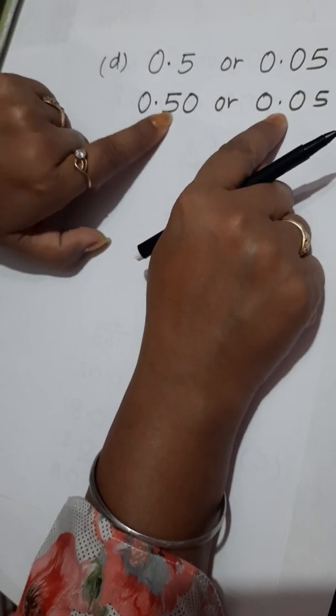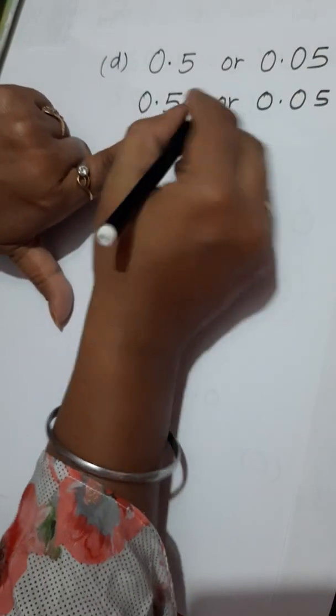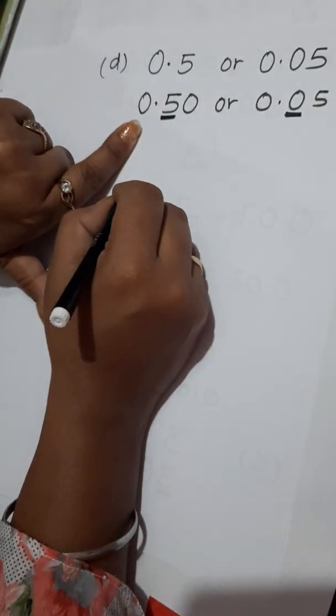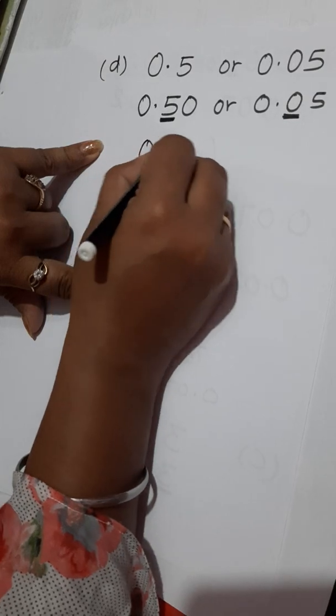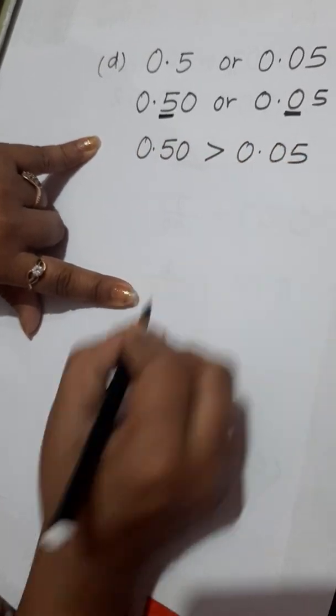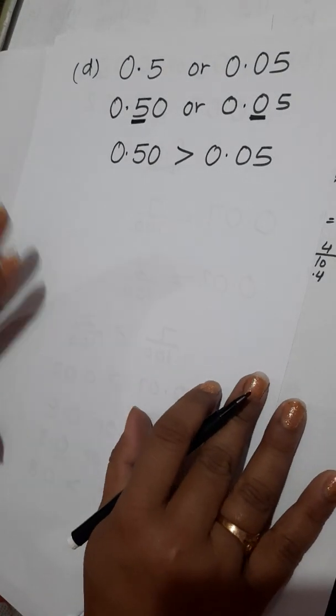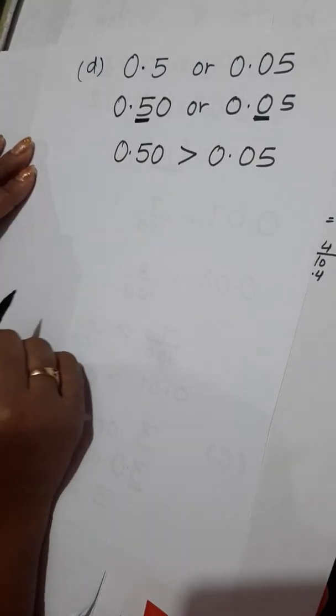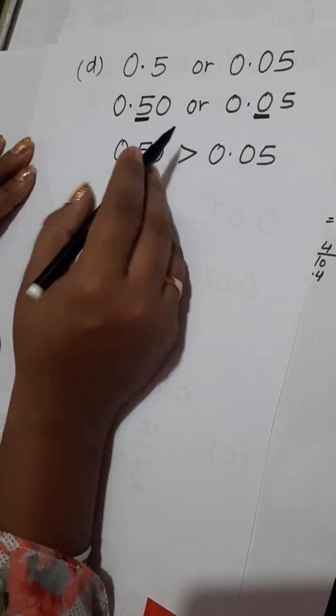Then after the decimal, here we have 5 and here we have 0. It means the digit at the 10th place is 5 and here we have 0. So it is clear 0.50 is greater than 0.05. So this is our question number first, D part.